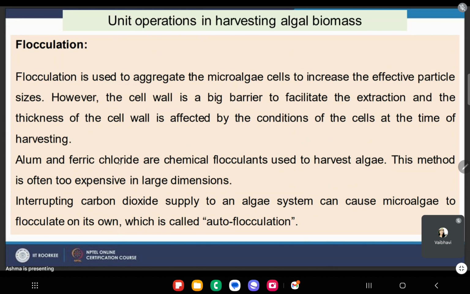Also, interrupting the carbon dioxide supply to the algae system can cause microalgae to flocculate on their own. It is called autoflocculation. We can interrupt the carbon dioxide supply to the system, and because of this the algae may start dying and stick to one another, and the process is known as autoflocculation.